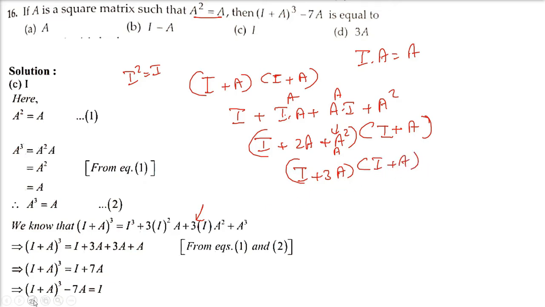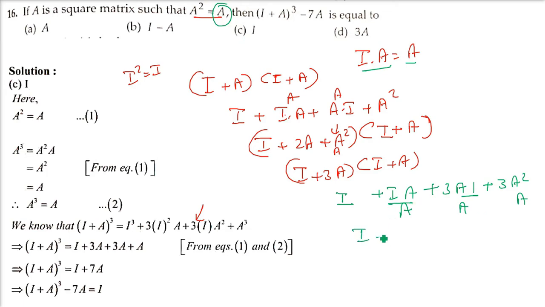Now let us do step by step. I into I is I squared, I already told you it is I. Then I into A. Then we have 3 into A into I. Then we have 3A into A, 3A square. I into A will always be A. This A into I will be A. And A square is A, so it will be 3A.